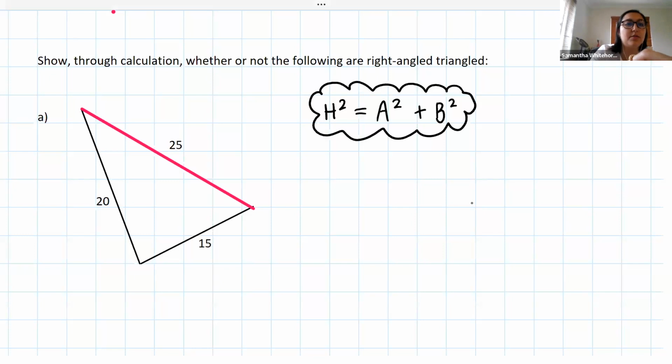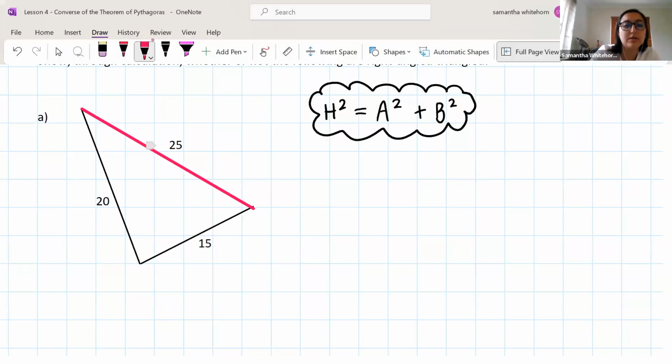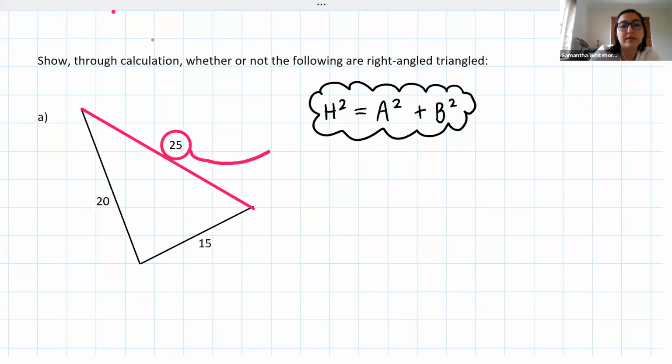And just as another reminder, remember your longest side, this 25, is substituted in place of h squared, because that is what your longest side would be.